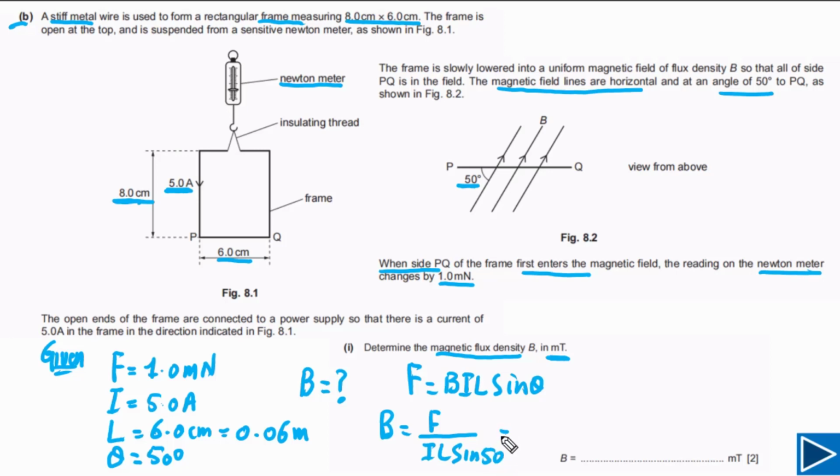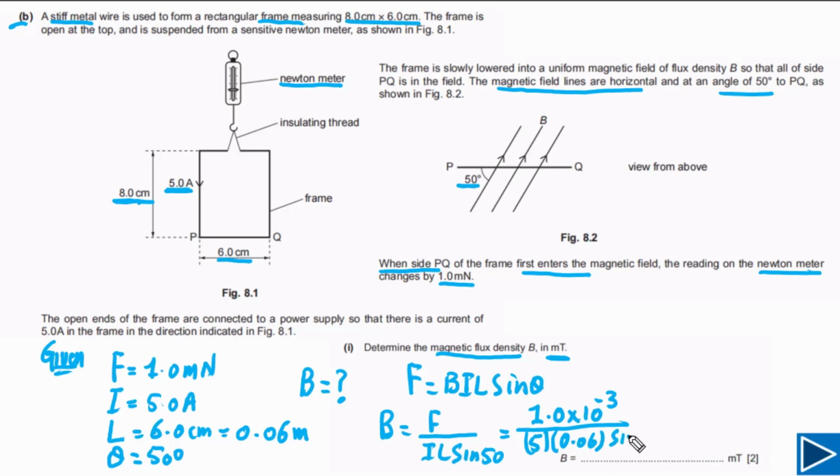So sine of 50 degrees. Force in this case we will just leave in millinewtons because our answer has to be in milli. So we can simply use 1.0. If you want to use newtons, we can also use newtons. So this is how you can write force in newtons. I is given. I is 5. L is given. That is 0.06 meters.